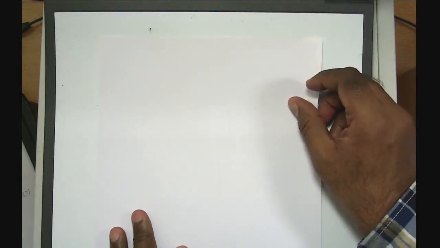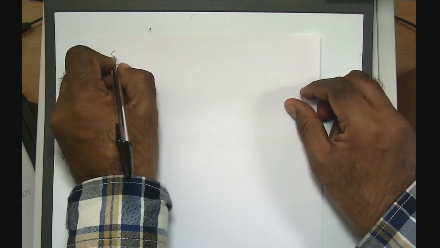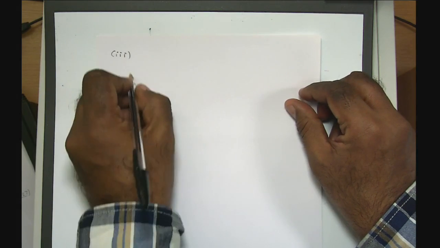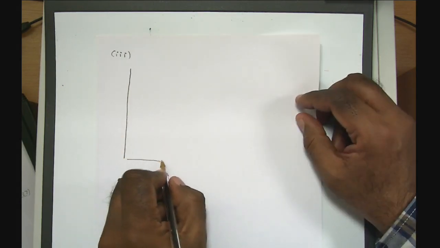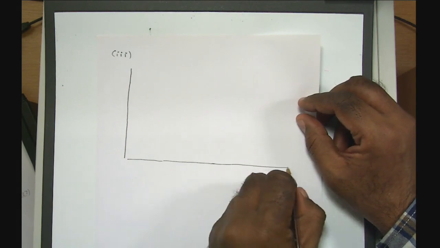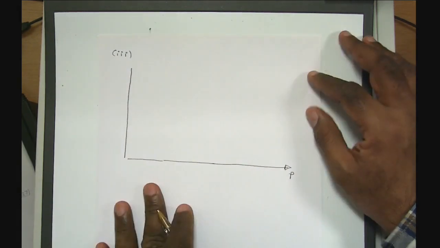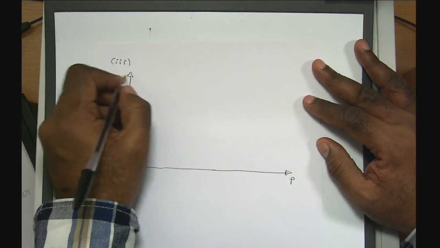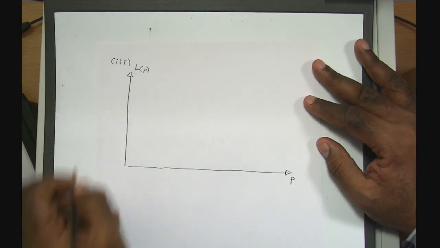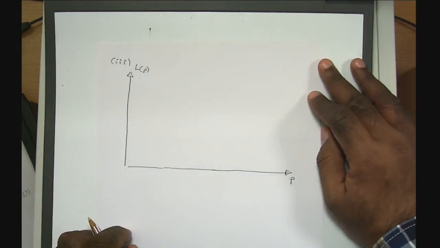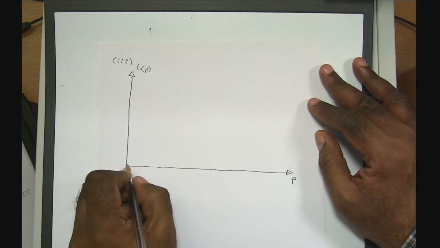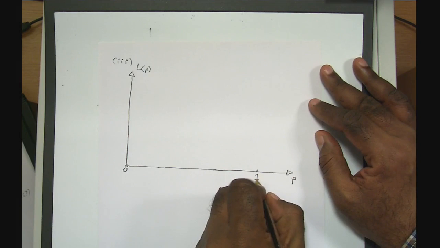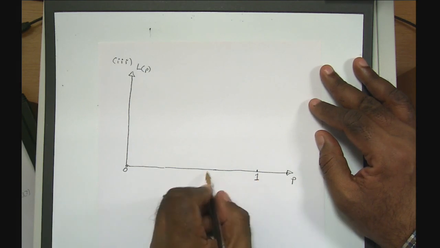So this is part 3. What you need to do is plot L of P, the likelihood function of P, versus P. Now suppose this is 0, suppose this is 1.